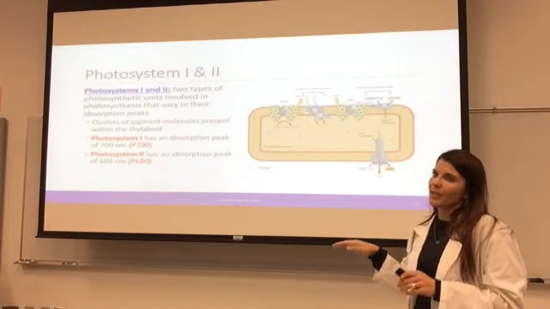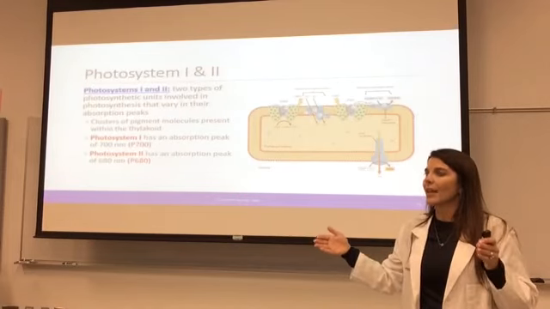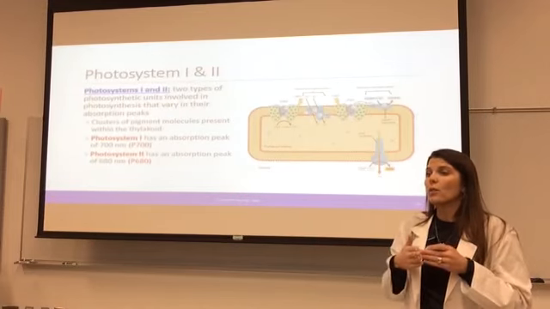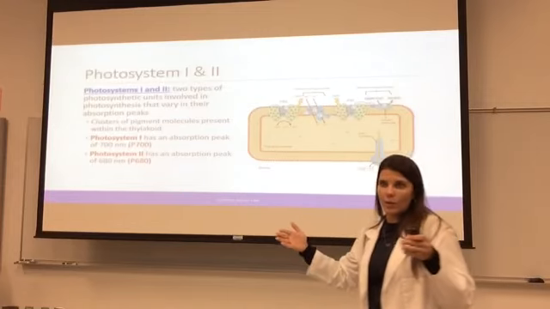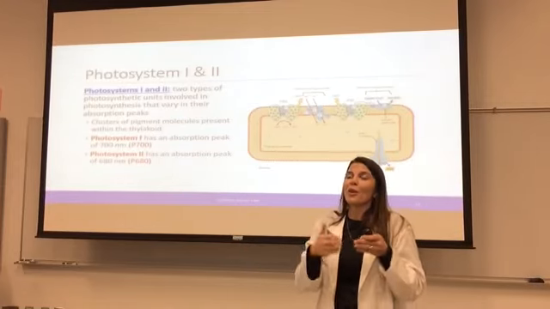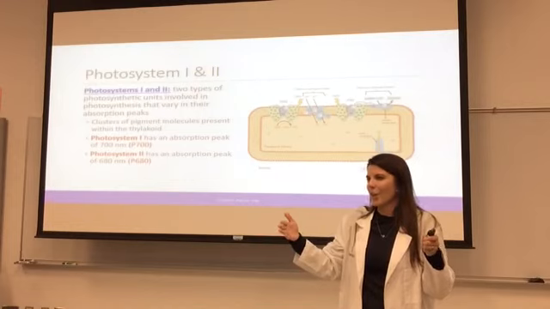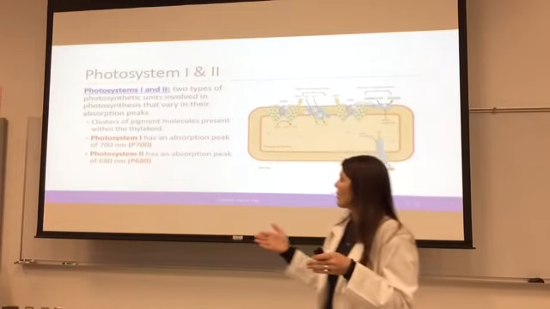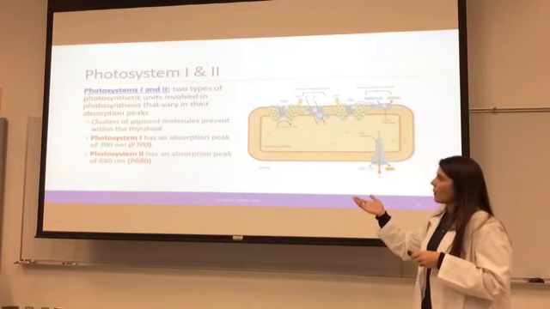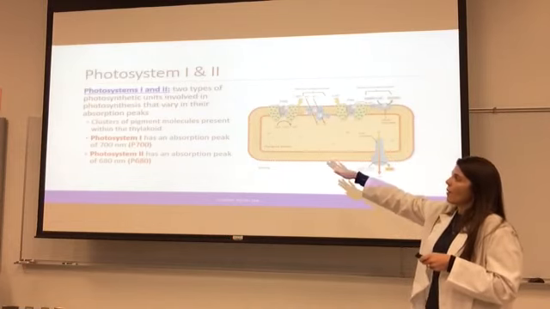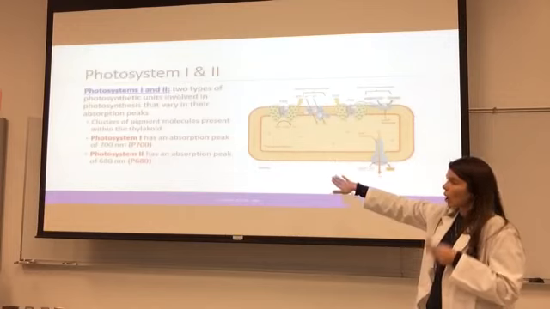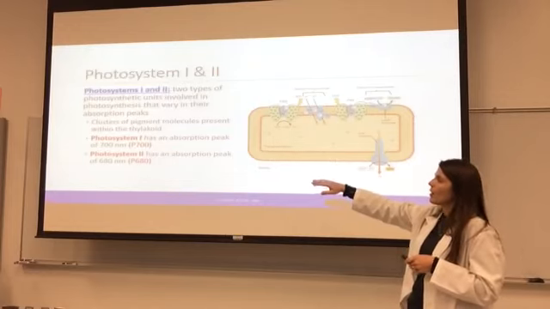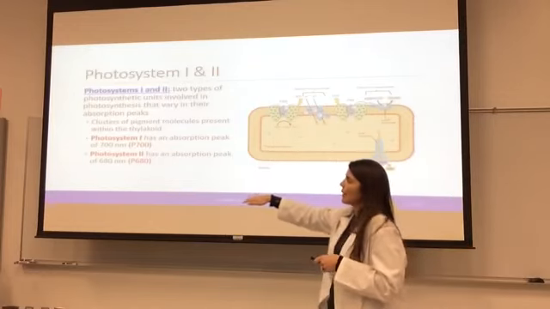What that means is that's the maximum wavelength of light they can absorb. So photosystem 1 can absorb up to a 700 nanometer wavelength. I apologize. And photosystem 2 up to 680 nanometers. So photosystem 1 is also called P700, and photosystem 2 is also called P680.